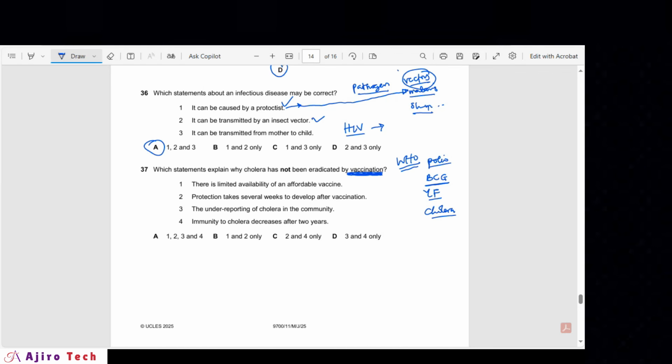Because they don't have any previous immunity against it, they have not been infected before, so it's good they get this vaccine before going to such an area where cholera is endemic. One of the reasons why we don't see this vaccine around is because it's not affordable.